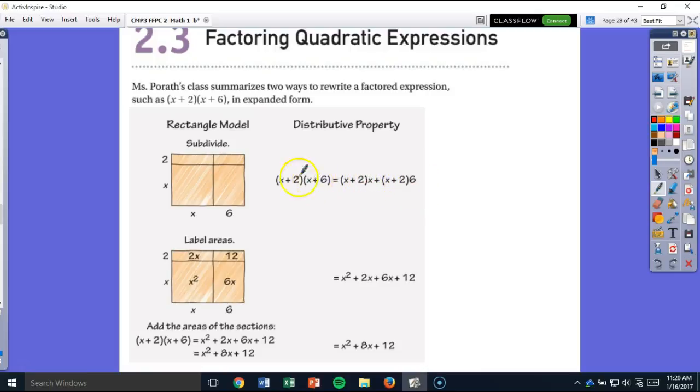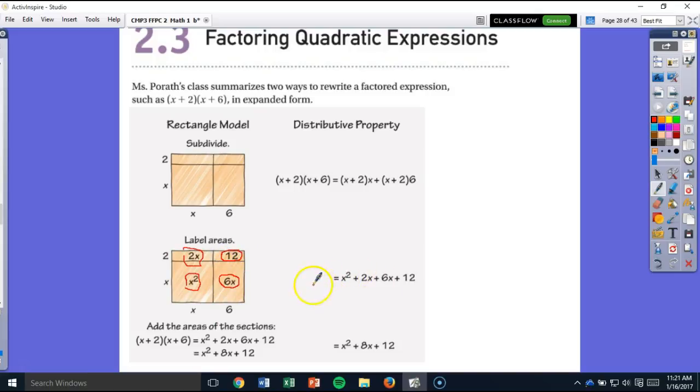So if we factor out an x from both of them, we wind up with x plus 2 times x plus 2 times 6. If we go ahead and label the areas and we take this x times this x, we get x squared here, and this x times this 2, we get 2x. All right. We take this 6 times this x, we get 6x here, and we take this 6 times this 2, and we get 12 up here.